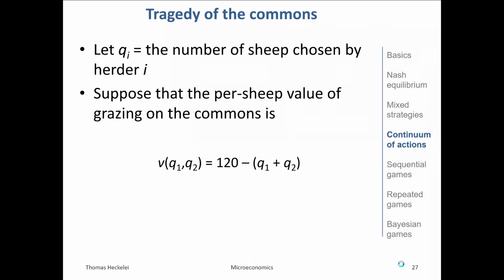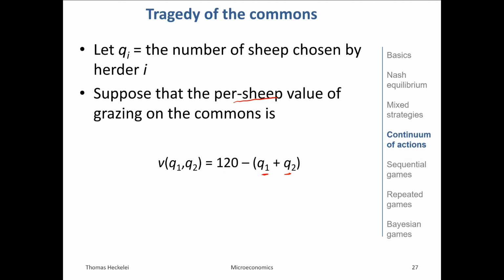The first step to analyze this game is to choose a proper modeling approach for it, assuming that the value of grazing on this common area per sheep is given by some function of the quantity that each person decides to graze on this area.